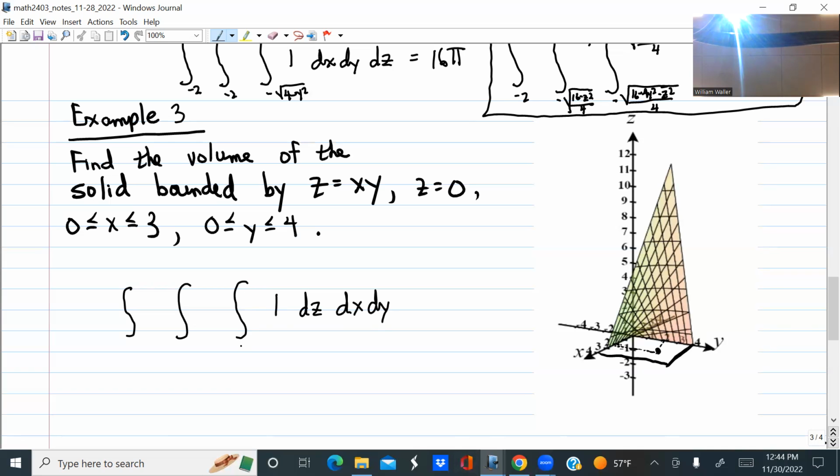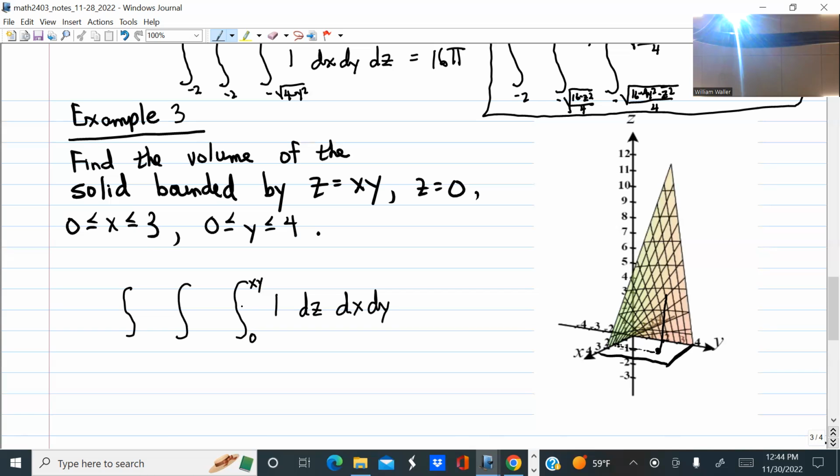For the limits on z, just use 0 up to your surface. So just assume you're going to start in the xy plane and go up to the surface that you're beneath. Remember, these integrals only apply when you're beneath the surface down to the xy plane. Well, what is the height of this surface? It comes from this formula, so that's xy. That is going to be your upper limit of integration.